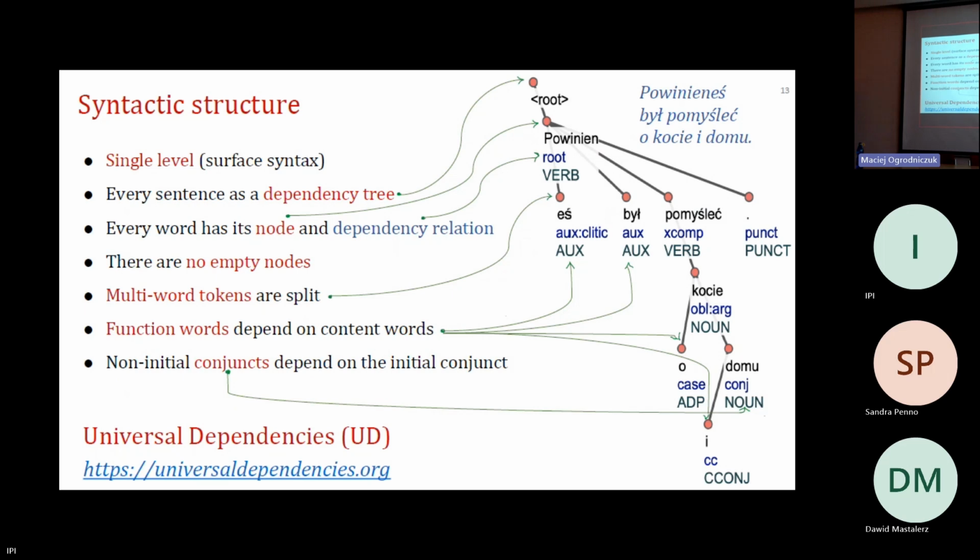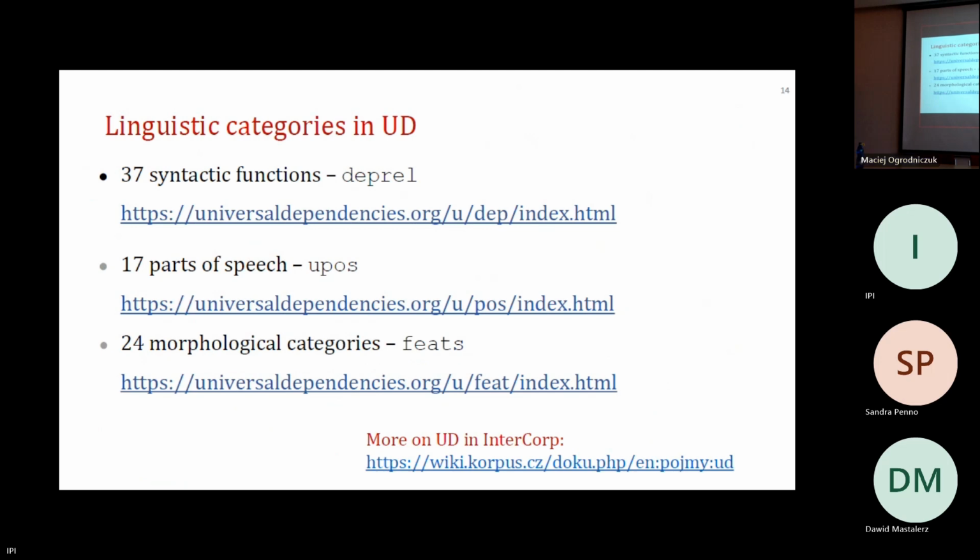So there is another level in Universal Dependencies. There are some syntactic functions, so that's these dependency relations. There are parts of speech, and there are morphological categories. There are some universal categories, and you can add some additional categories for your specific language, but you cannot modify these basic categories.